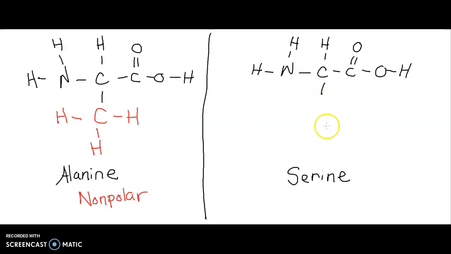In contrast, serine has a carbon that is bound to a hydroxyl group, OH. Oxygen is very electronegative. Therefore, the bond between the oxygen and hydrogen is a polar one, making serine a polar amino acid. One of these amino acids is hydrophilic, that would be serine, and the other is hydrophobic, that is alanine. These properties of different amino acids are going to be important when it comes to how proteins fold.